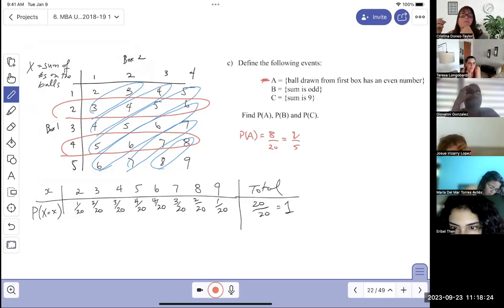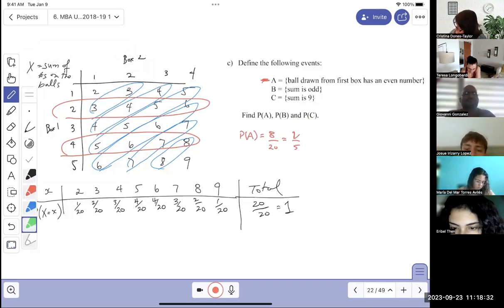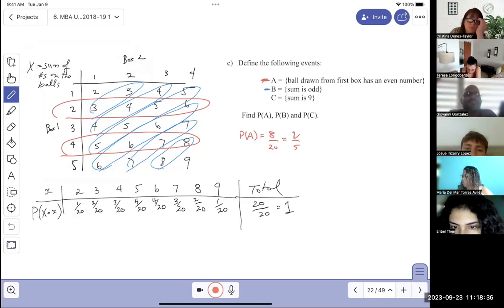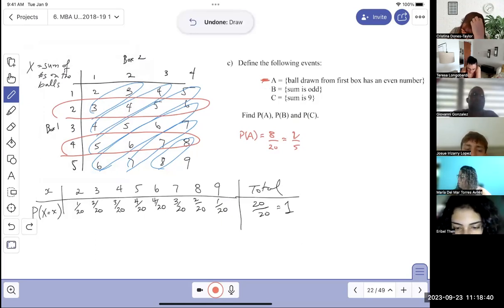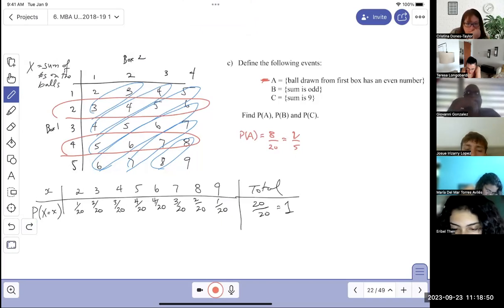Yeah. Okay, let's do B. I'll do it in green. The sum is odd. 3 out of 5.